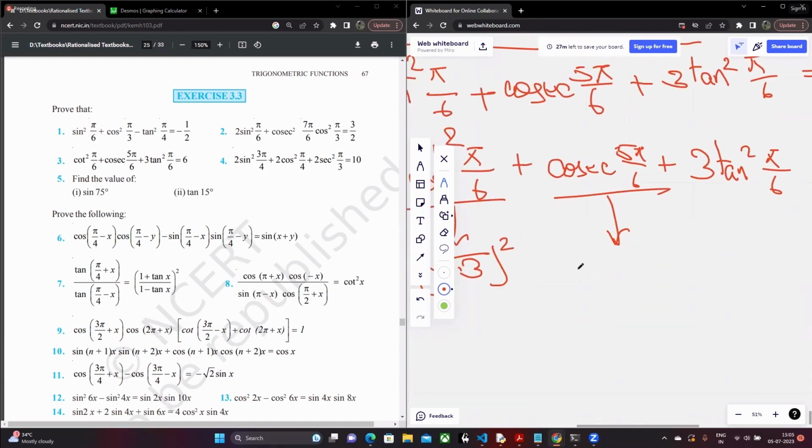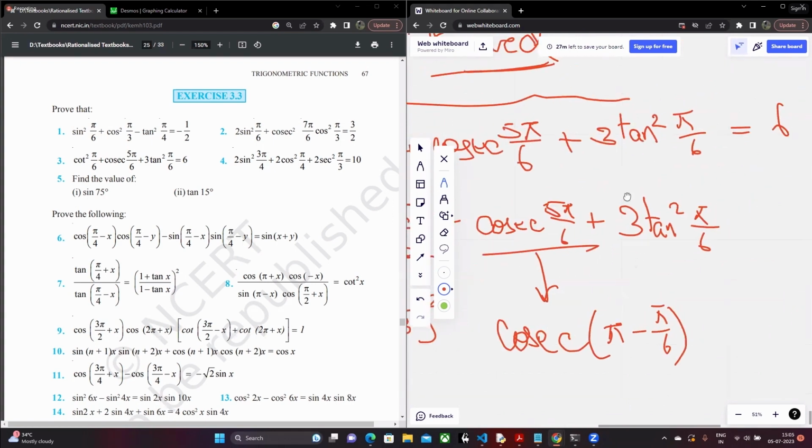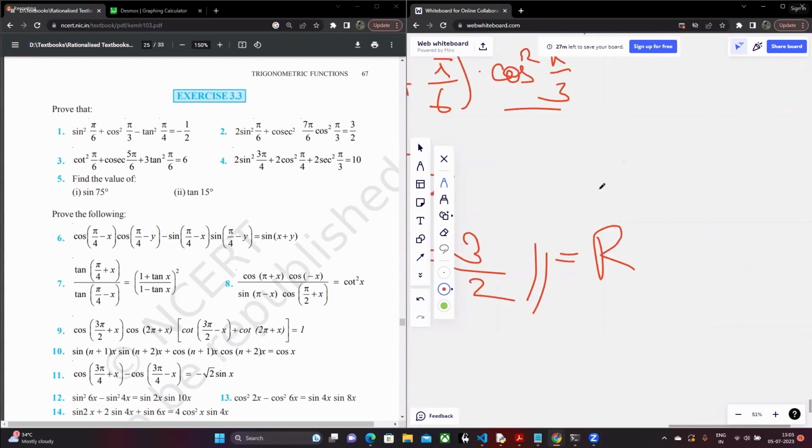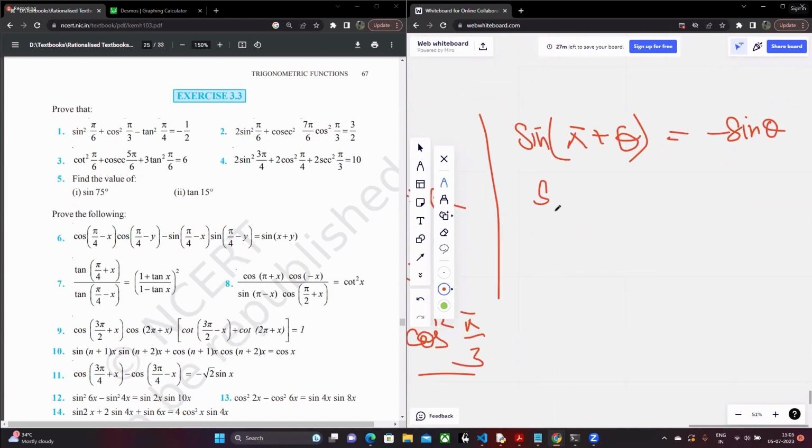Cosecant 5 pi by 6 is basically cosecant of pi minus pi by 6. And as I showed you earlier, sine of pi plus theta is going to be minus sine theta. The same way, sine of pi minus theta is going to be equal to plus sine theta. Why? Because pi minus theta lies in the second quadrant.